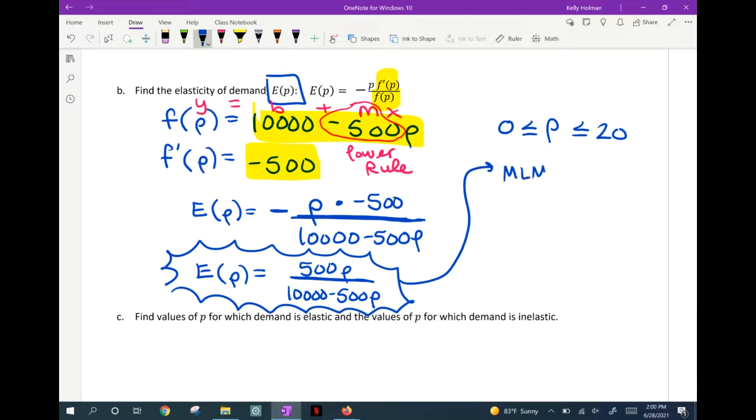But my math lab is going to simplify that fraction. So any ideas on what I could do to simplify this fraction?